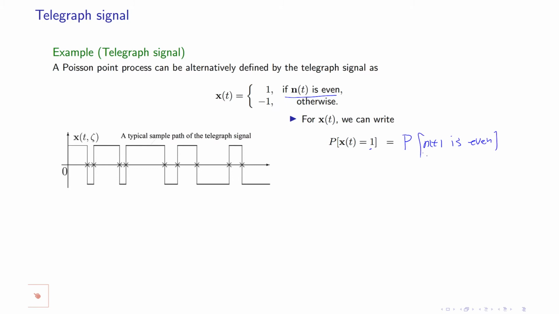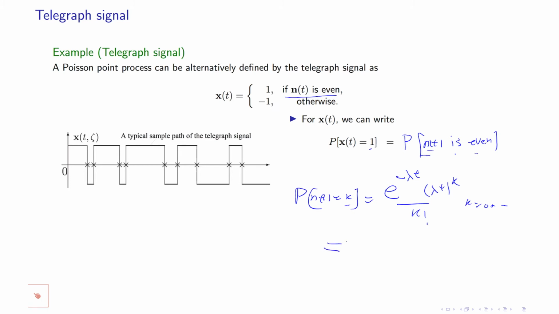We know the probability mass function of n of t: p of n of t equal k is equal to e to the power of minus lambda t, times lambda t to the power of k over k factorial, with k equal to 0, etc. So we can use this one. We don't want n of t to be equal to exactly k, but we want it to be even.